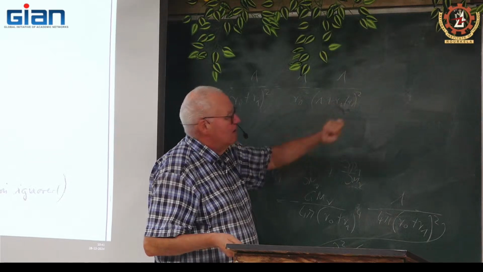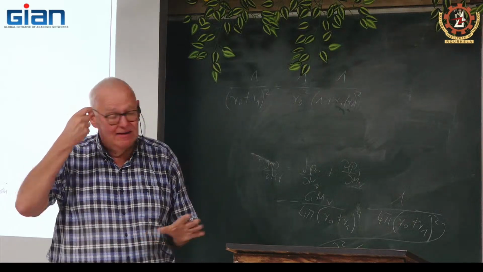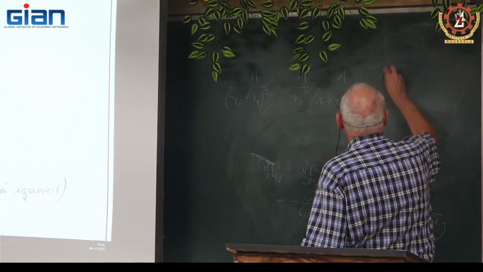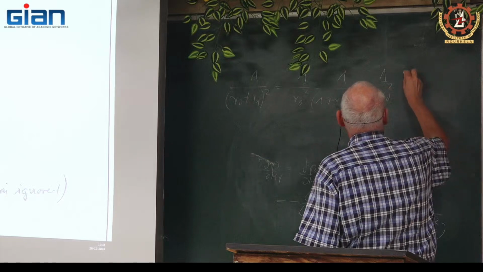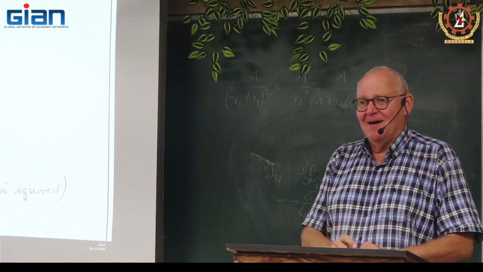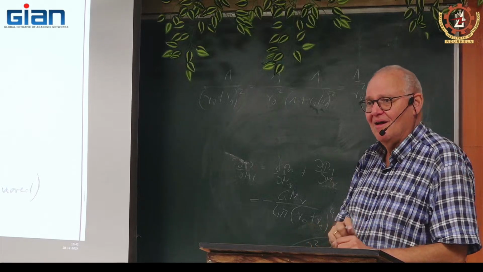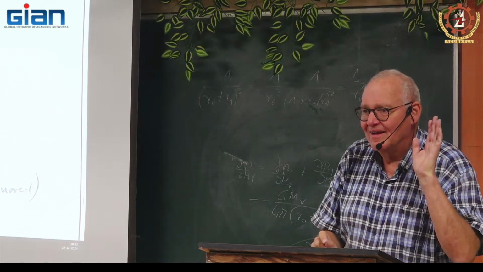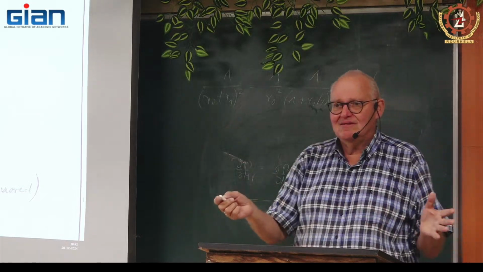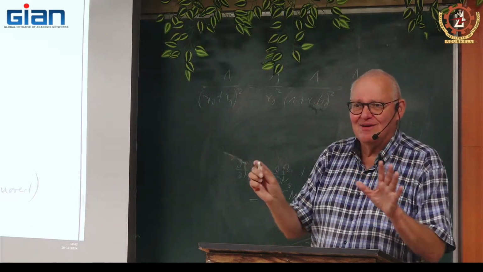That means r1 over r0 is small compared to unity, so we can expand this quantity around the value 1. So this is 1 over r0 squared times 1 over (1 plus r1 over r0) squared. How does the power series go for this quantity? Okay, you're familiar with that, so I don't need to explain.